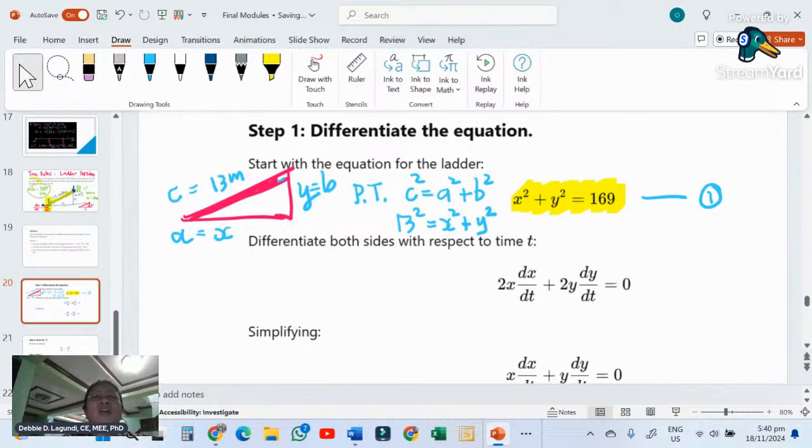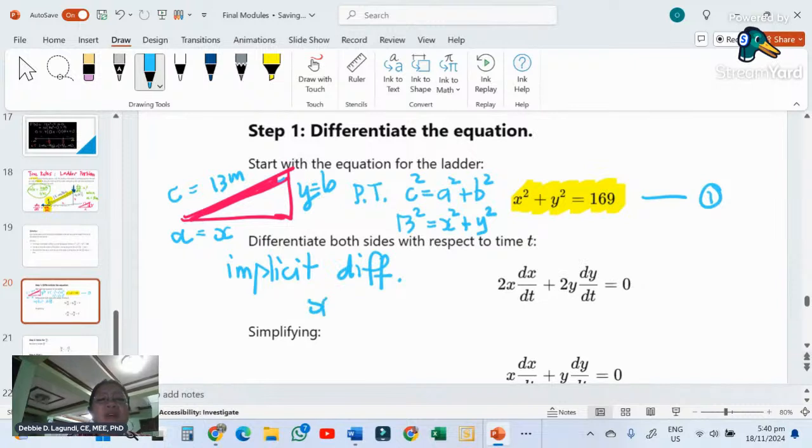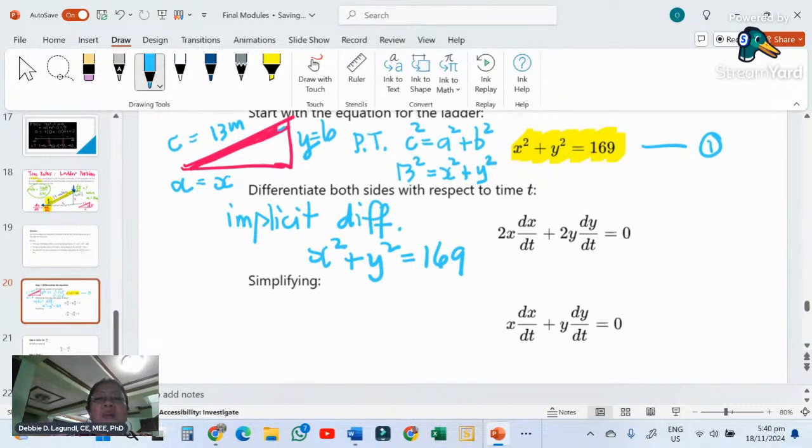After which, you're going to do an implicit differentiation. Implicit differentiation means I have x squared plus y squared equal to 169. Why implicit?